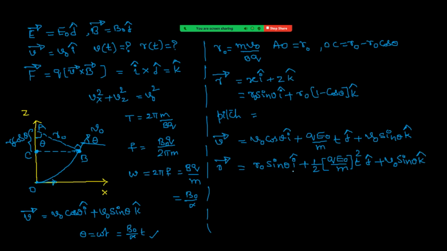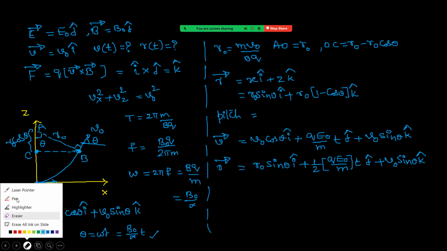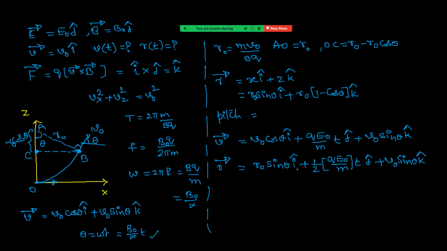So r naught sine theta i cap plus half a t square. Let me correct once to avoid confusion, that is t square. The only change is having the y component of velocity, and here the y component of displacement.